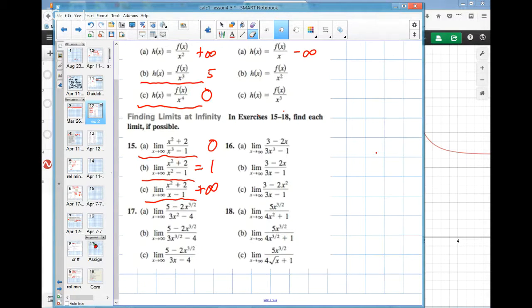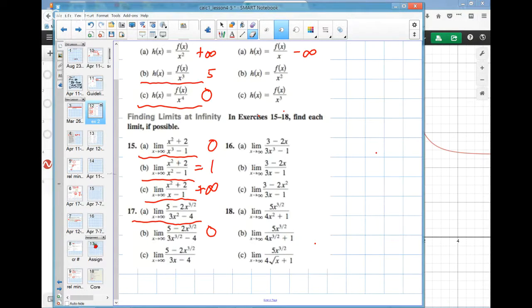So the rule is actually pretty easy to use. Here, how about an exponential one? Let's take a look at 17a. Okay, as x approaches infinity, which power is higher? We have a 3/2 power on the top and a 2 power on the bottom. Which of those is bigger? 2 is bigger, right? So the bottom wins, so that's got to approach 0.